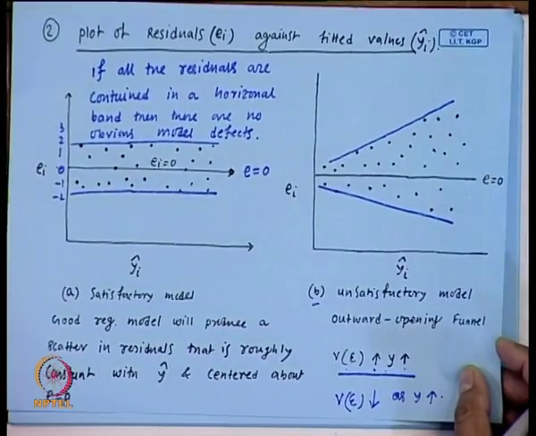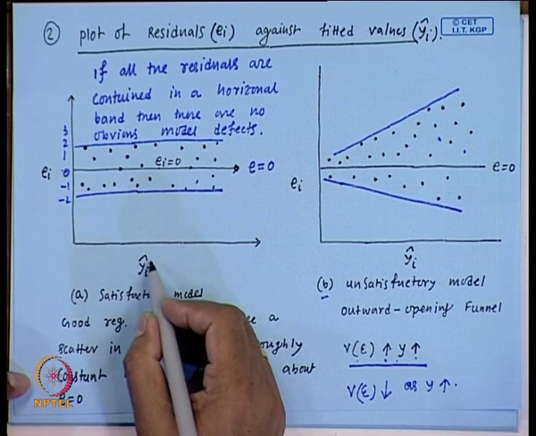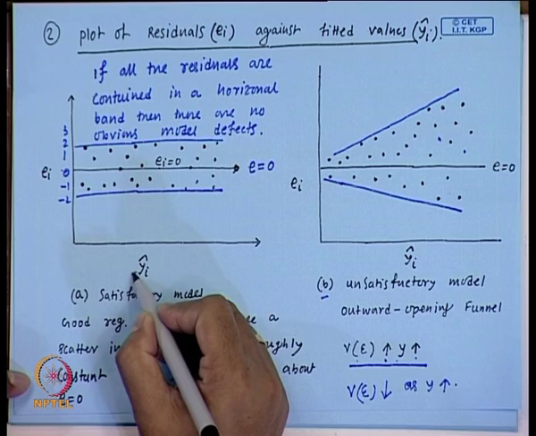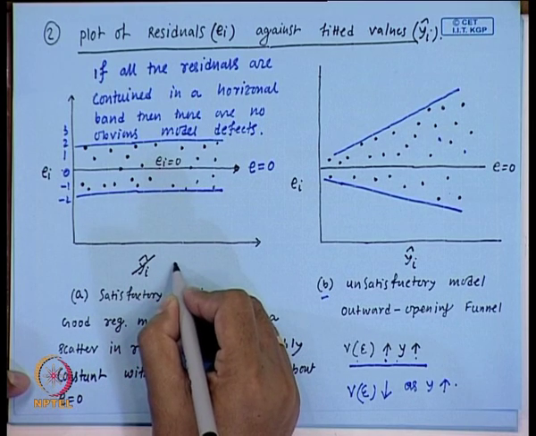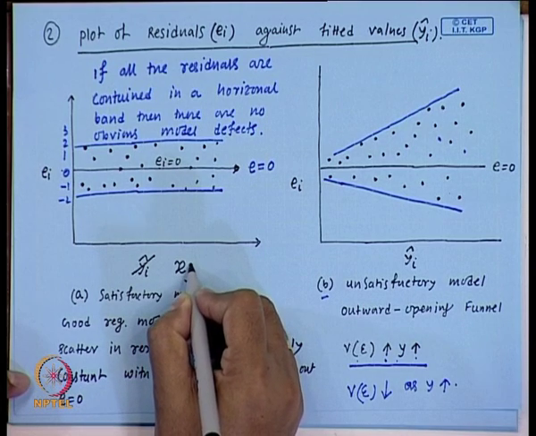In this case, instead of yi hat we will plot some regressor xj.